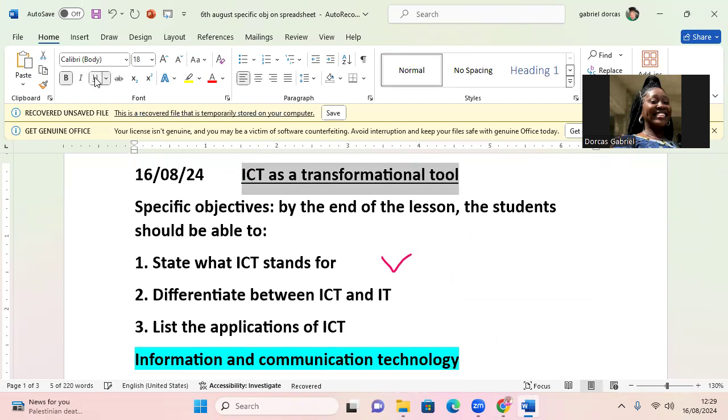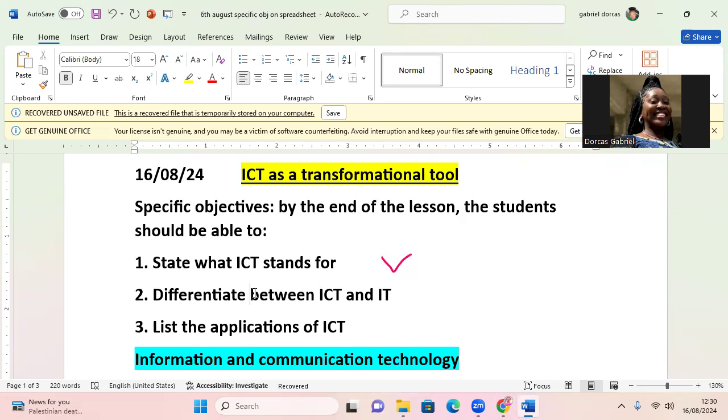The first one is, by the end of the class, you should be able to know what ICT stands for. Secondly, you should be able to differentiate between ICT and IT. I see that in this dispensation, many of us don't know how to differentiate between ICT and IT, and in today's class, we're gonna be looking at it.